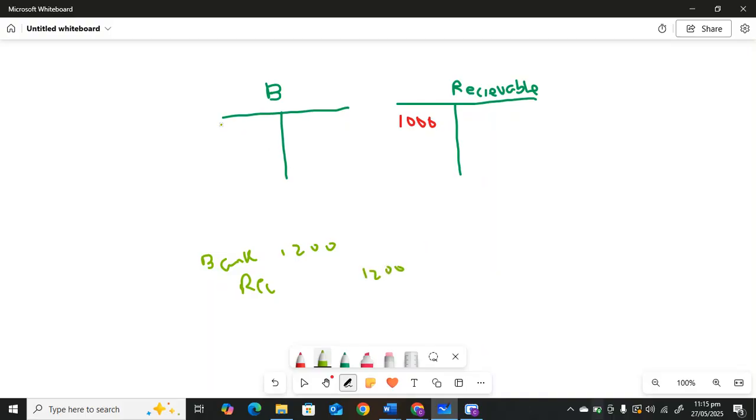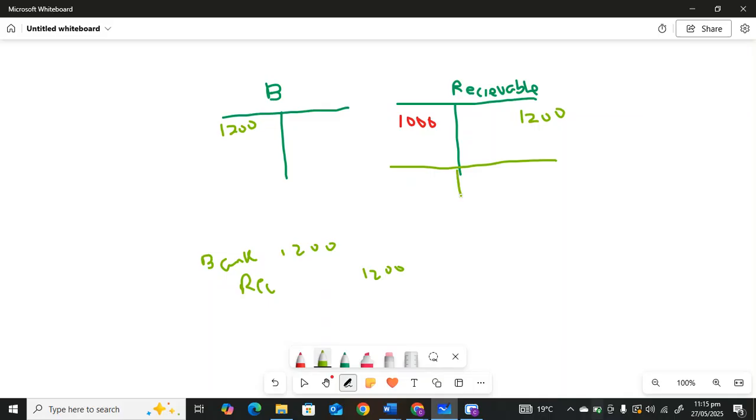Then, so here on bank you put 1,200. On receivable account you put 1,200. Then you notice now, oh, this person has actually overpaid me. And they were owing me 1,000, but they paid me 1,200.